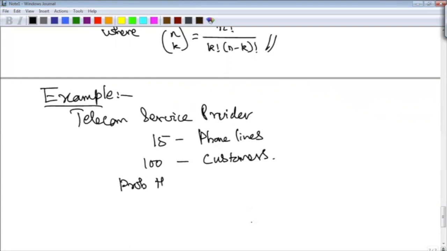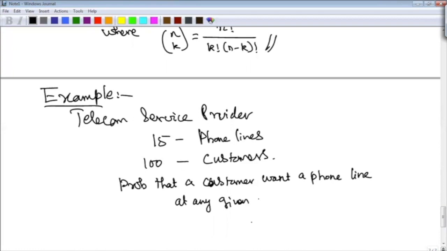The probability that a customer wants a phone line at any given time is 0.1.